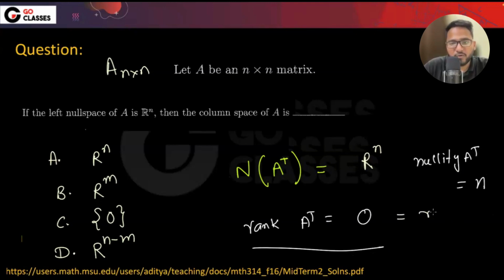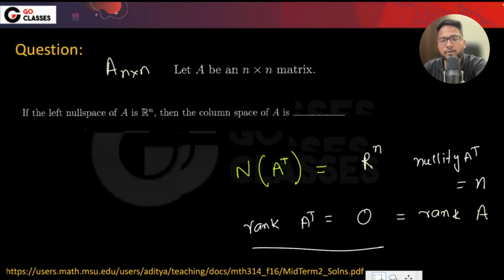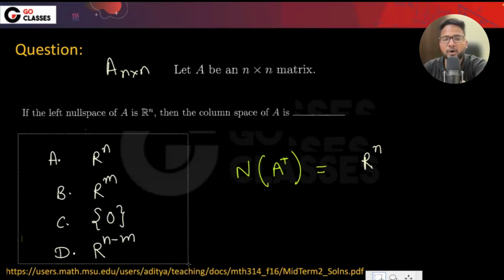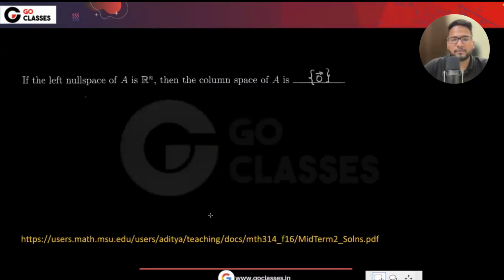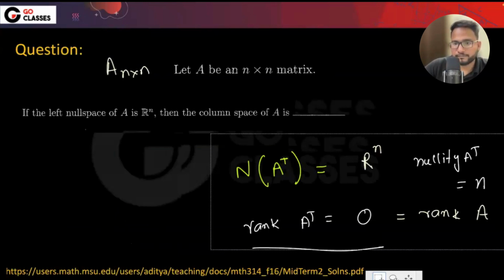So this is the same as the rank of A. So the rank of A is zero. In what case can rank be zero? Only when it is a zero matrix.